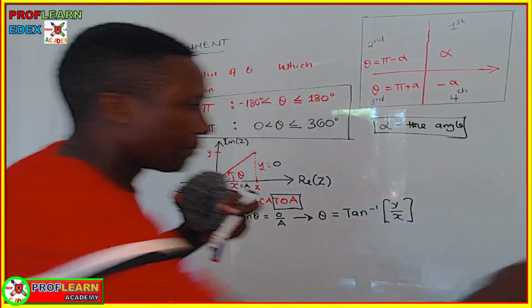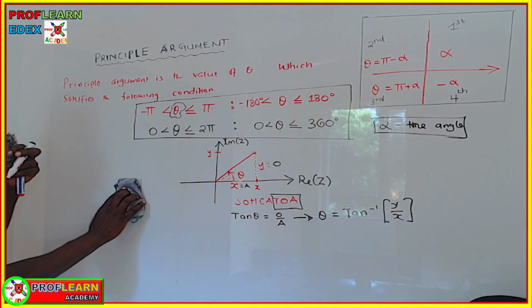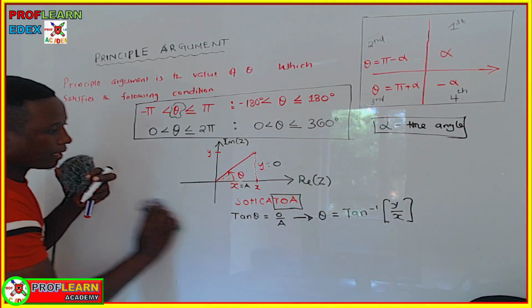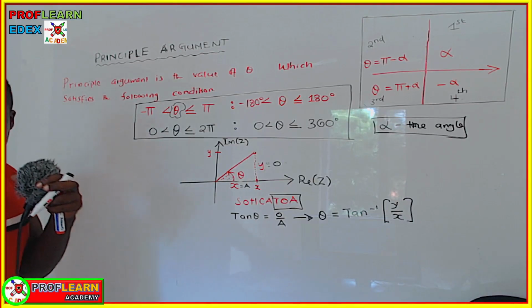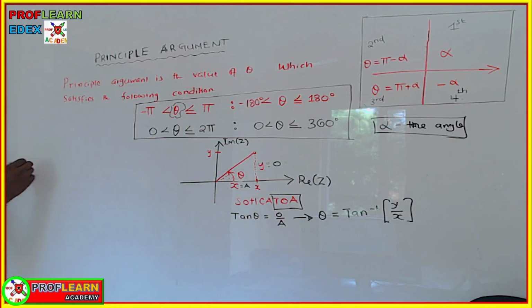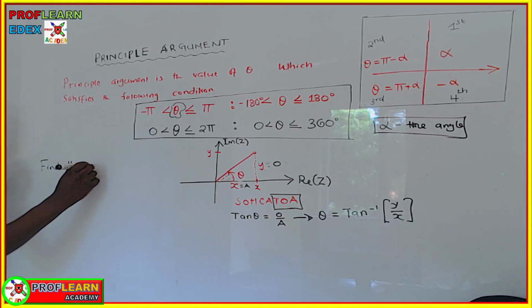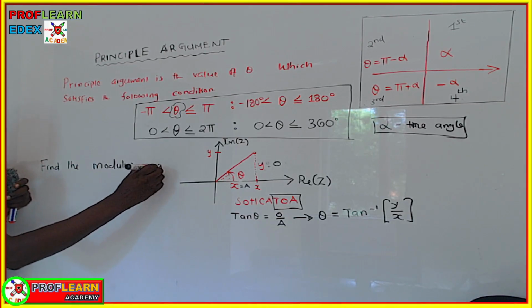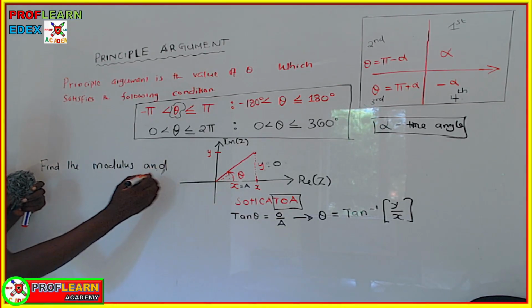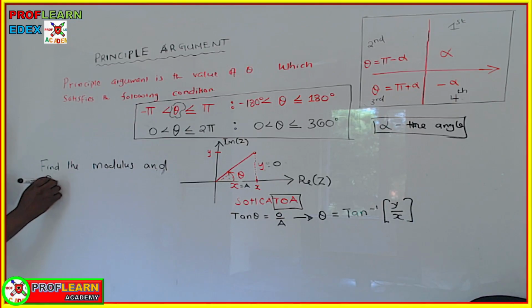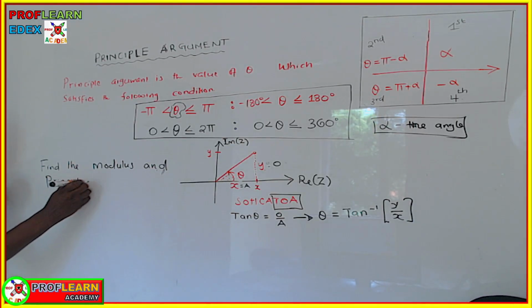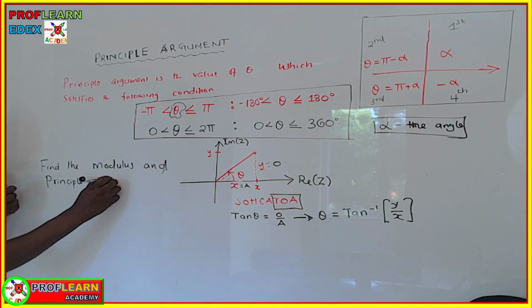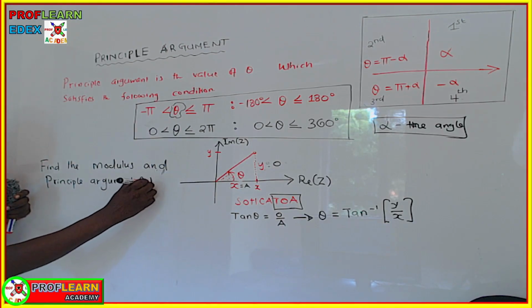So let me start by working out the first example. We are told: find the modulus and principal argument of the following.